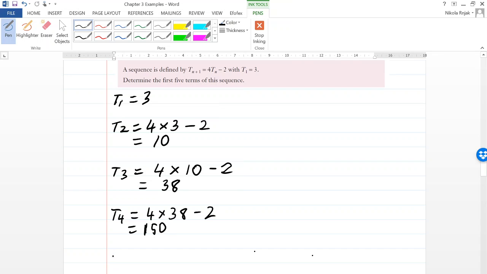And the last term that we need to find, t5, is equal to 4 times 150, take 2, which is equal to 598. Okay, so those are the first 5 terms of that sequence.